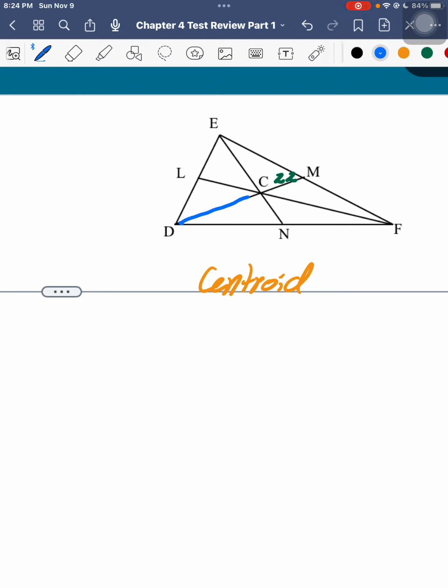So they want DC and they want DM. This whole thing. Okay. So I know that this median DM, this big one, is the whole median, right? And I know that from the vertex to the centroid is how much? 2/3 of this whole median.